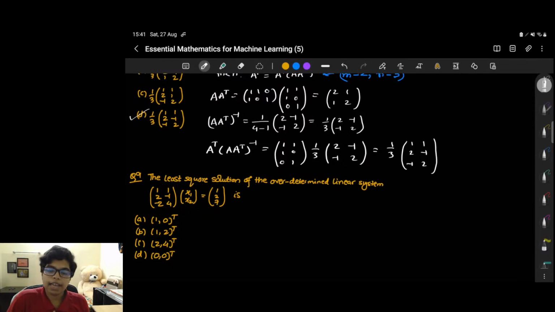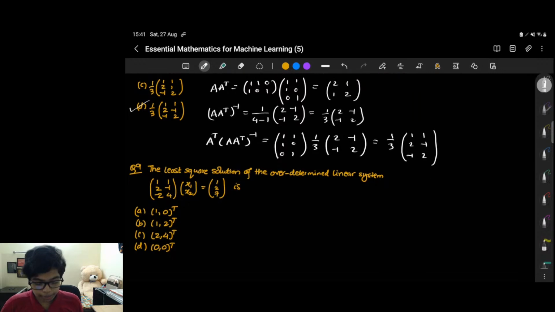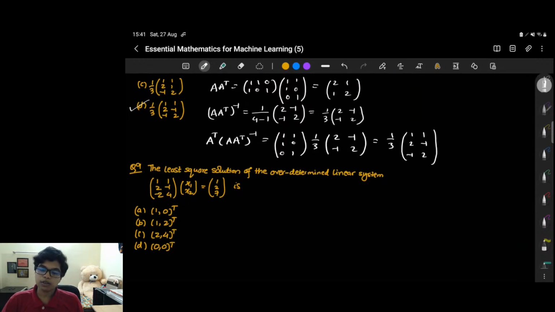But if you have n variables, but more than n equations, so let us say you have 5 variables but 10 equations, this is what is called an overdetermined linear system. We are given an example where we have 2 variables but 3 equations. The solution to this is what is known as the least square solution.